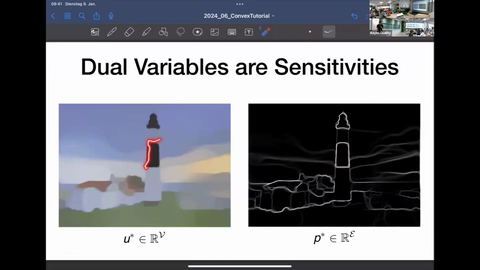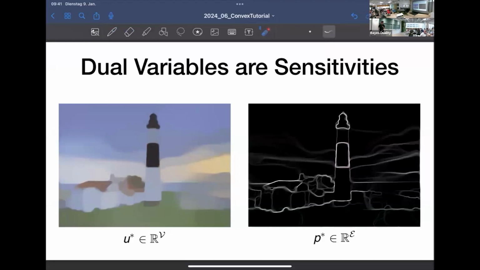The lighthouse here is black and the sky is blue, and at this point the dual variable is very large. What you will also learn today is that the magnitude of the dual variable tells you how much your optimal value will change if you perturb the data of the problem.